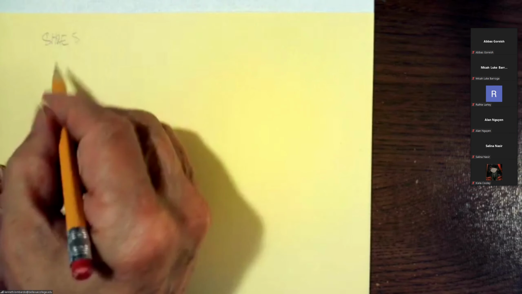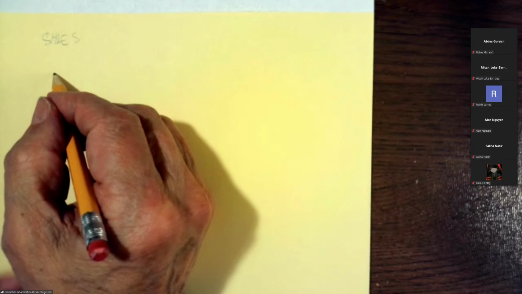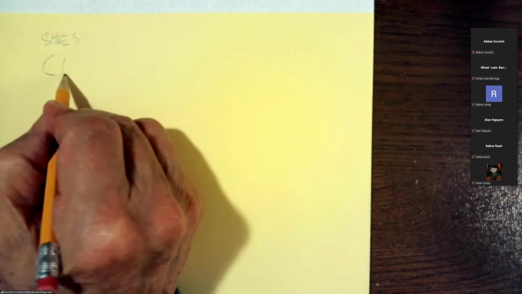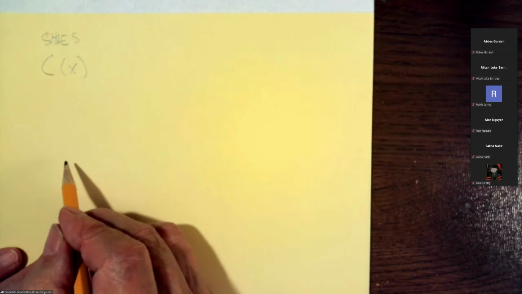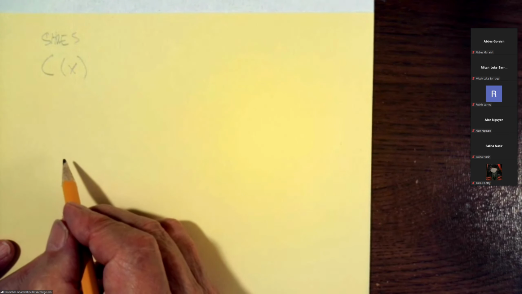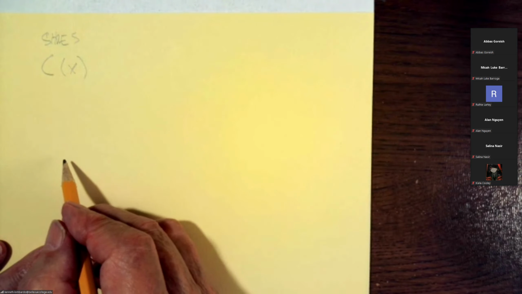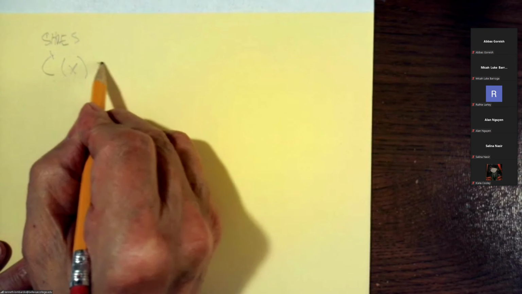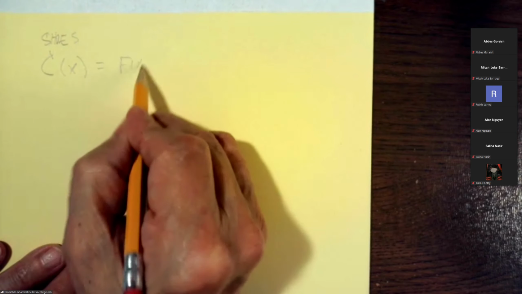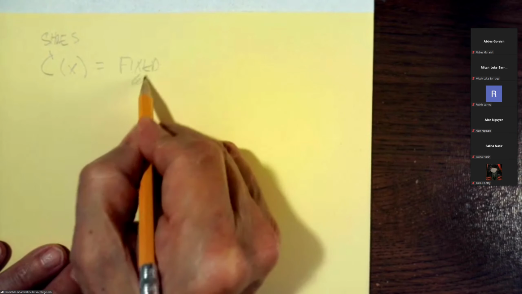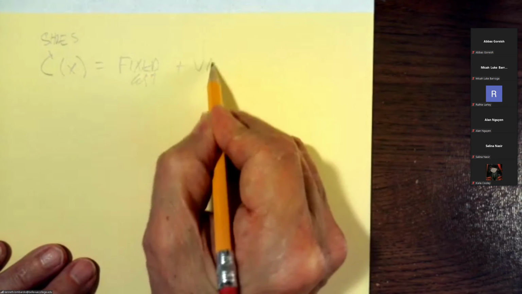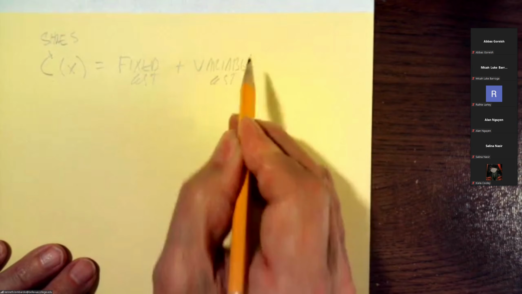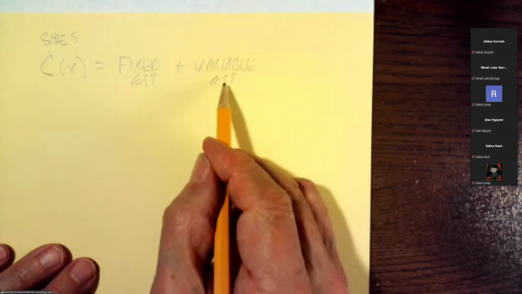And in this case, we're looking at computing the cost as a function of the number of shoes produced. And so cost as a function of X would look like the fixed cost plus the variable cost. And the variable cost is the cost per shoe.